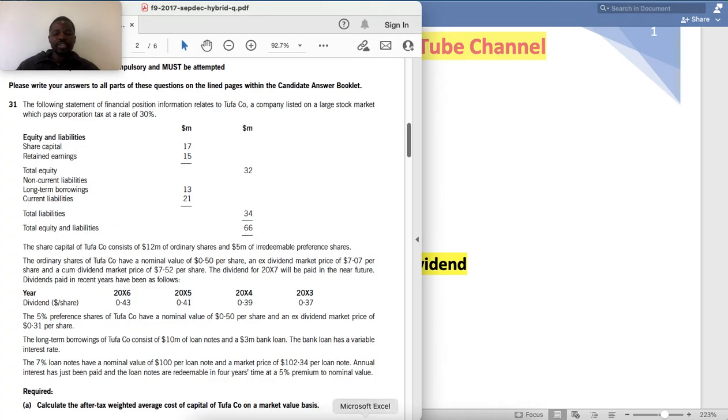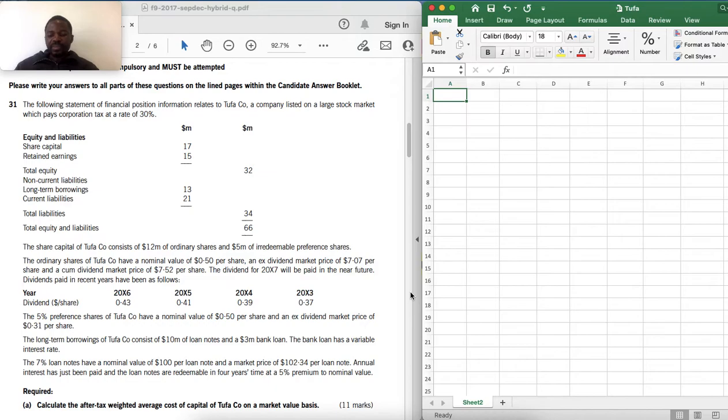So now we are going to find N, D0, and Dn to input in this formula. Let's go back to our question. First we want to calculate the cost of equity. Our job now is to find Dn, D0, and N. We are given the ex-dividend market price of $7.07 and the cum-dividend market price of $7.52.